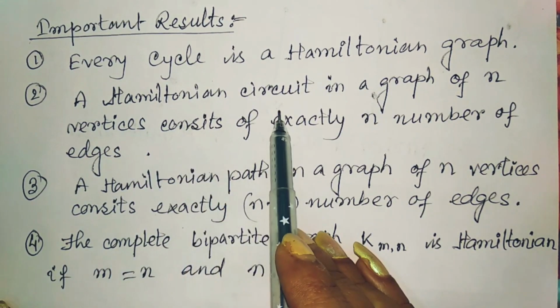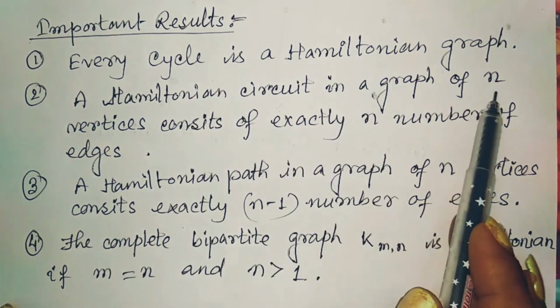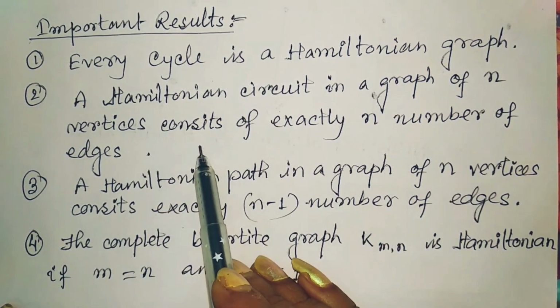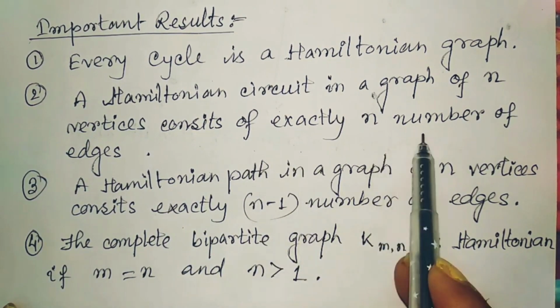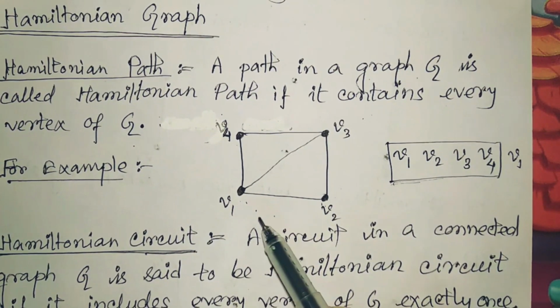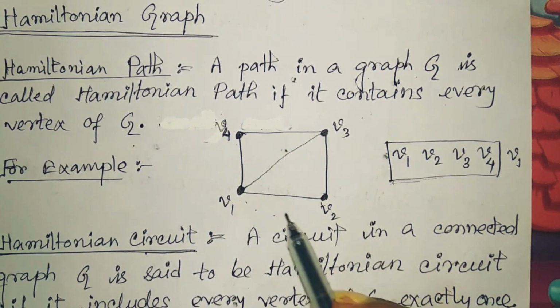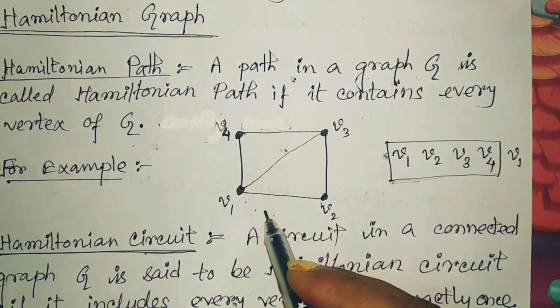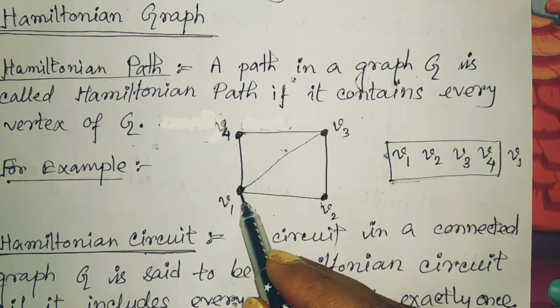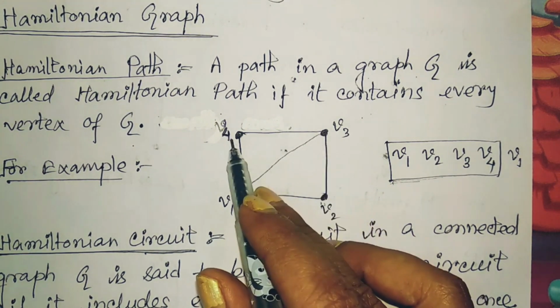A Hamiltonian circuit in a graph of n vertices consists of exactly n edges. So if this one is the Hamiltonian circuit, then it will contain exactly the same number of edges as the number of vertices. Here a total of 4 vertices are there.